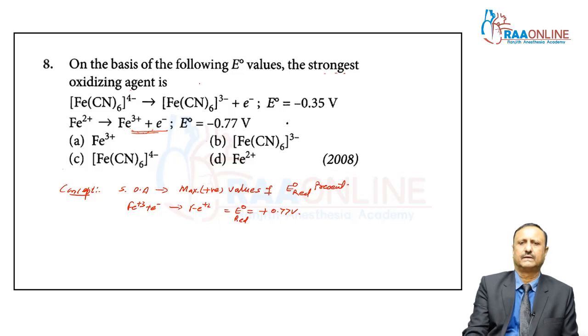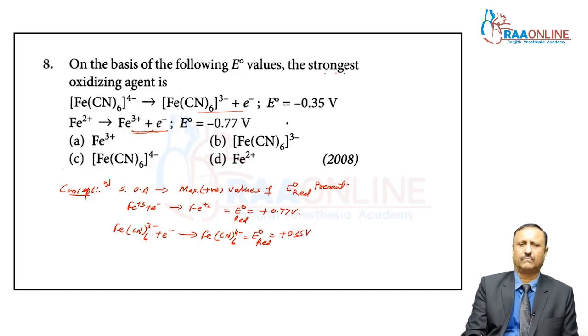Now Fe(CN)6 3 minus accepts an electron, reduction occurs, and it converts into Fe(CN)6 4 minus, with E naught reduction of plus 0.35 volt.